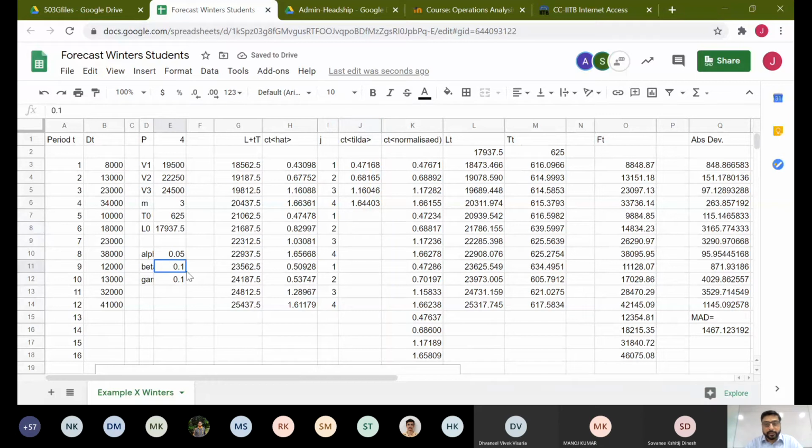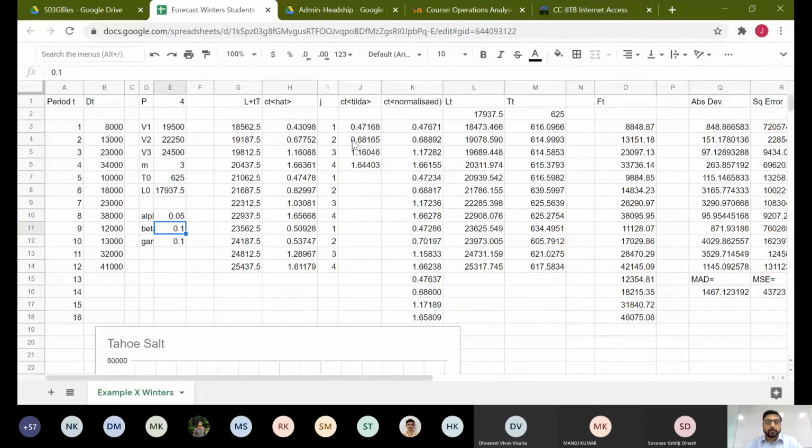This spreadsheet is now shared via Moodle, so you should have access to it. Here, for the C tilde, I just offset it manually and then dragged that formula. That's it. So in that sense there is no real automation in that. Just trying to keep it simple.